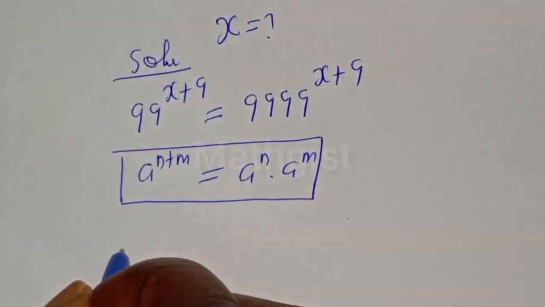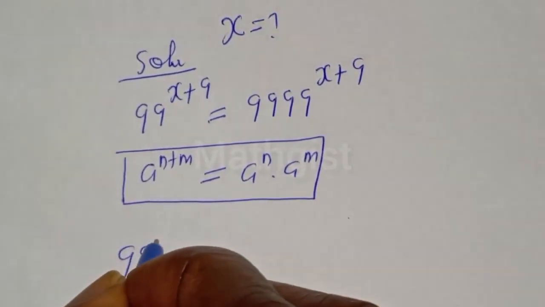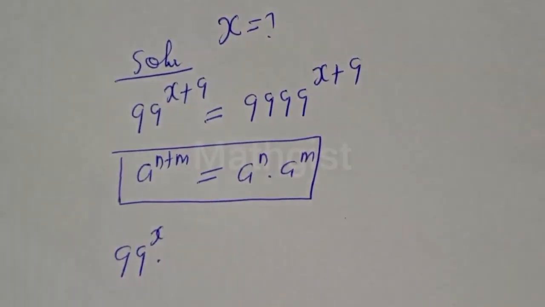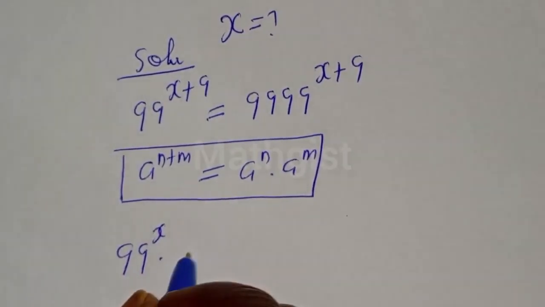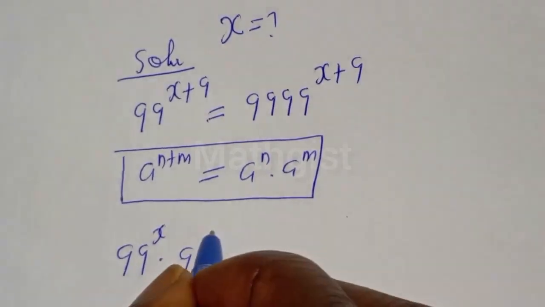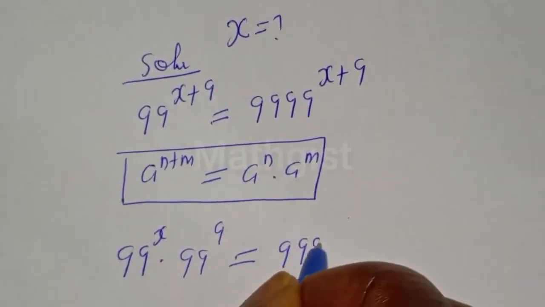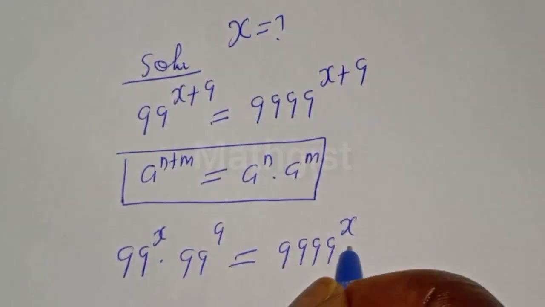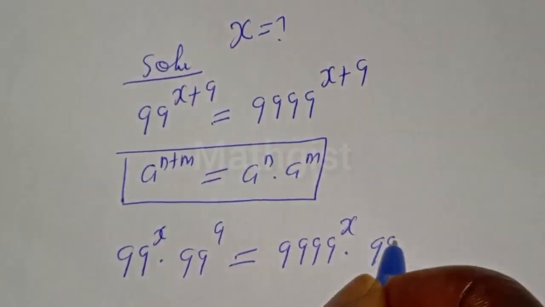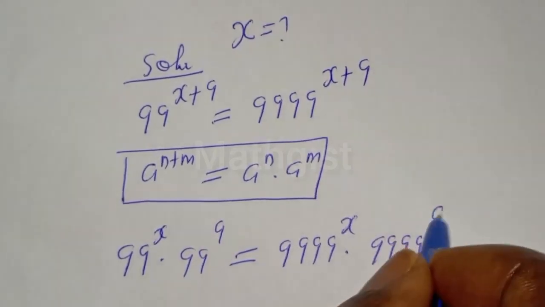Then this can be written as 9 raised to power s multiplied by 9 raised to power 9 is equal to 99 raised to power s multiplied by 99 raised to power 9.